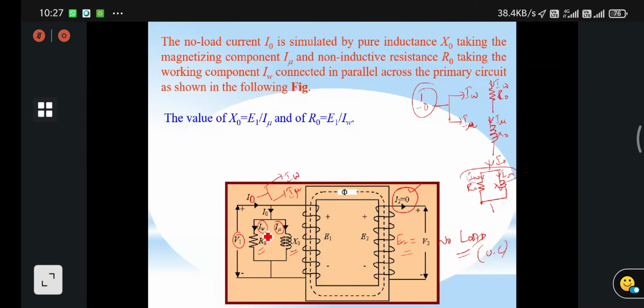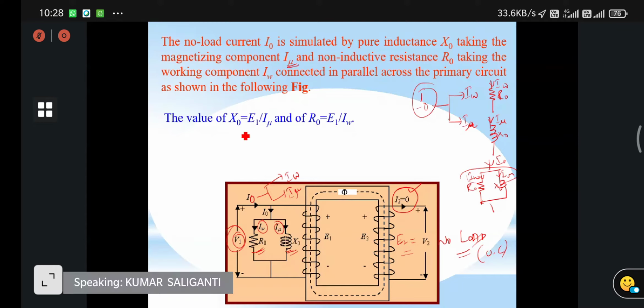So the combination is as follows. I naught is simulated by pure inductance X naught taking the magnetizing component I mu, and non-inductive resistance R naught taking the working component IW, connected in parallel across the primary circuit as shown in the figure.